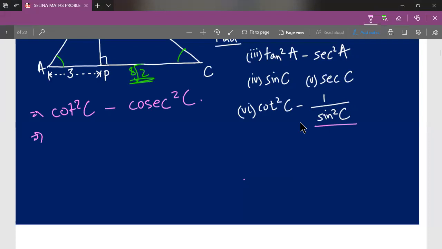So cot square C can be written as 1 upon tan square C, minus cosecant square C, as we have written here 1 upon sine square C.